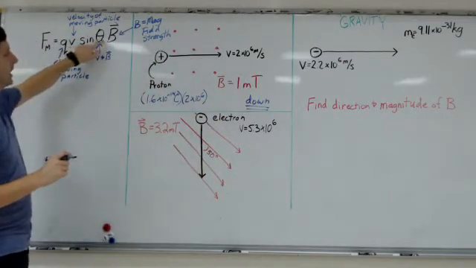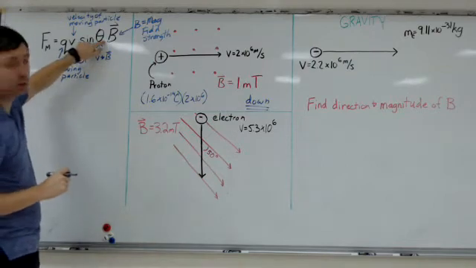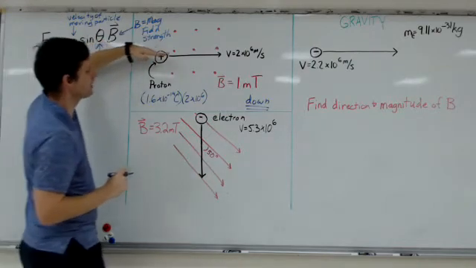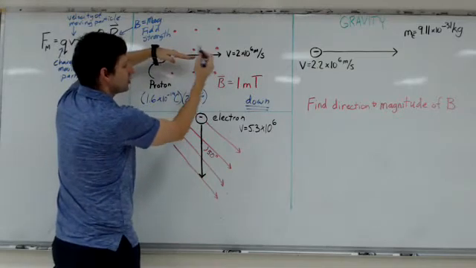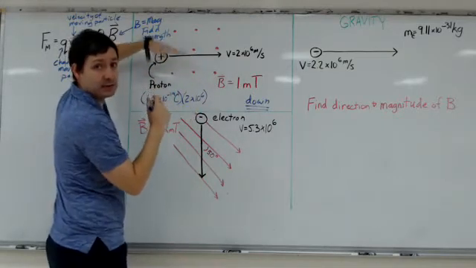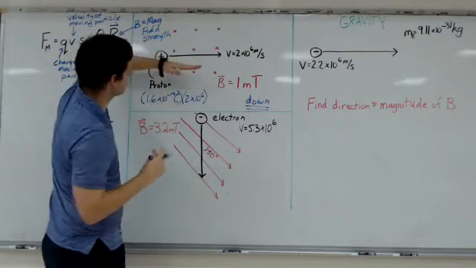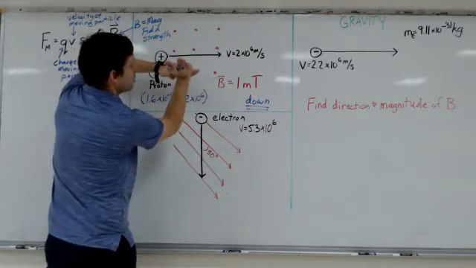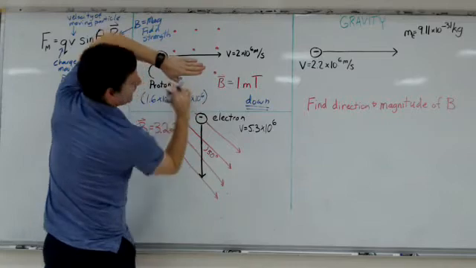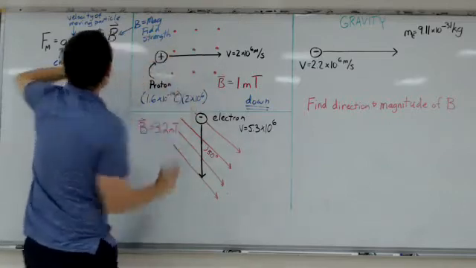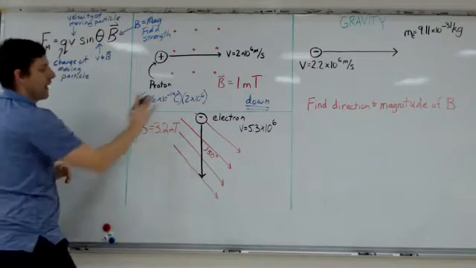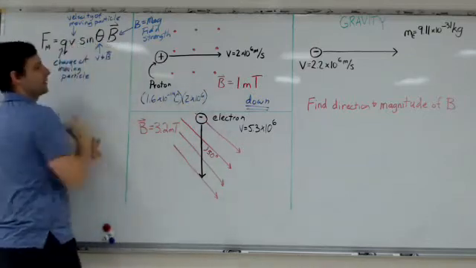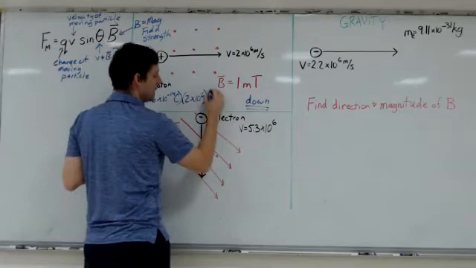And sine of theta. So here we'll notice that the particle is going this way and the field is coming this way. So the angle between those two, that's a right angle. If we were to see this from above, you would see the particle going this way. You'd see the field going this way, which is a right angle right there. So this is a right angle. Sine of 90 is 1. And so that we're not going to need. And then we've got the strength of magnetic field, which is 1 millitesla.